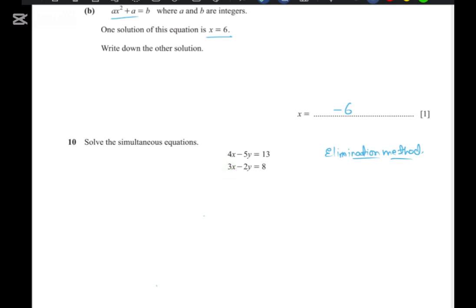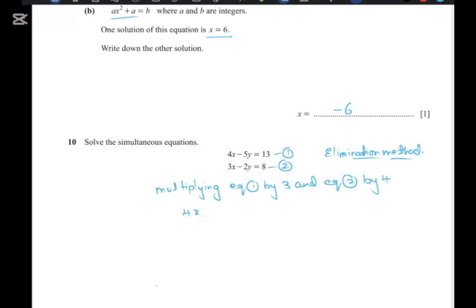So I have to multiply and eliminate that variable. So multiply, this is equation 1 and equation 2. Multiplying equation 1 by 3 and equation 2 by 4.